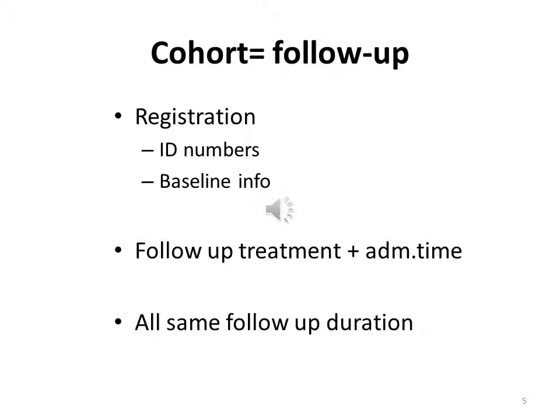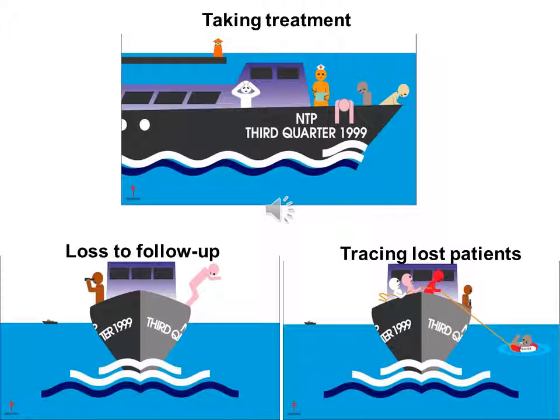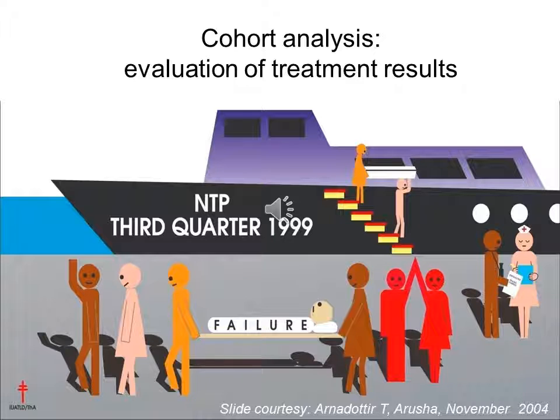The duration of follow-up is the same for all patients in tuberculosis cohorts, and this simplifies the analysis. During treatments, patients should be supported, and if lost to follow-up, they should be traced and returned to treatment. Cohort analysis must account for all who were registered during the time in question.